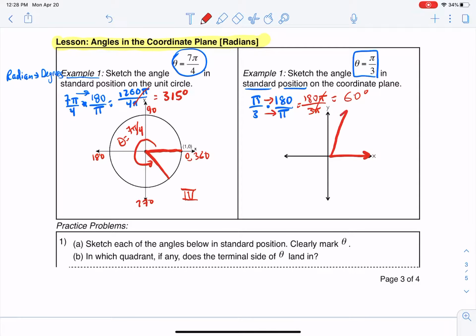It's looking something like this. So that's theta equaling pi over 3. Really the key to this is do your conversion and think about where that conversion puts your angle.